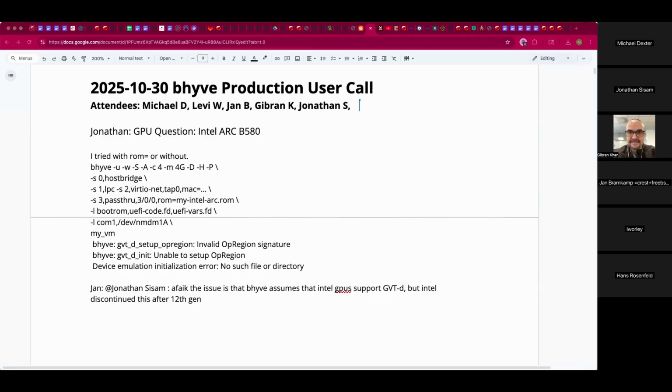As far as I understood the problem when Alexei discussed it, vm-bhyve just assumes that Intel, other than the old cards they know about that they don't support, will support GVT-D going forward. And because the vendor code is Intel, this also matches Intel Arc cards, which do not use this.